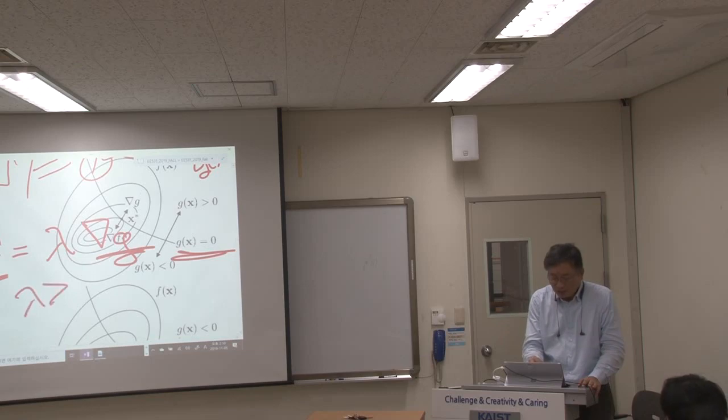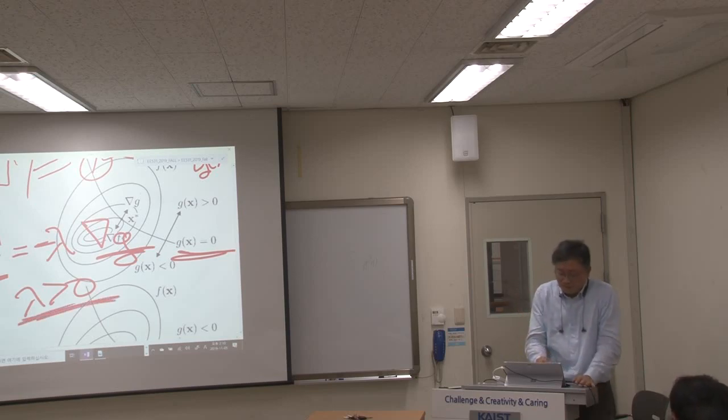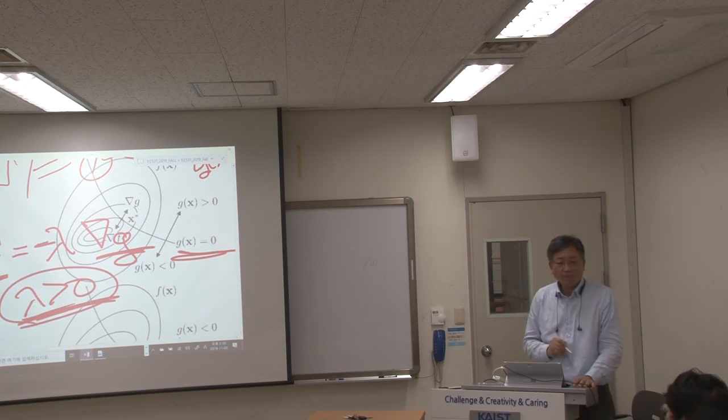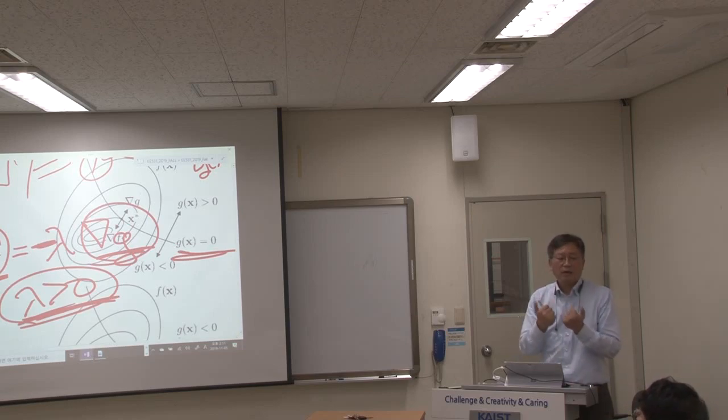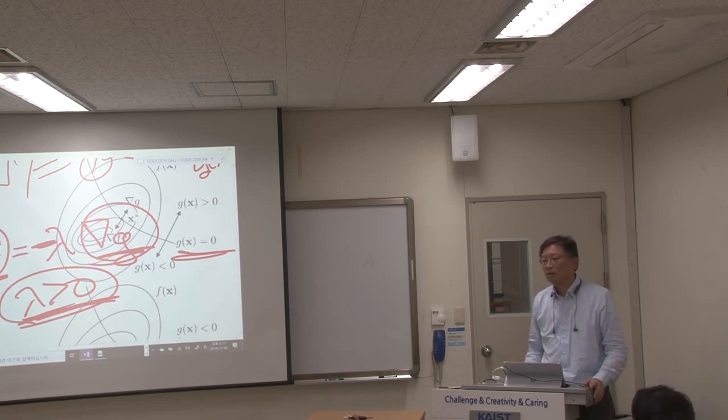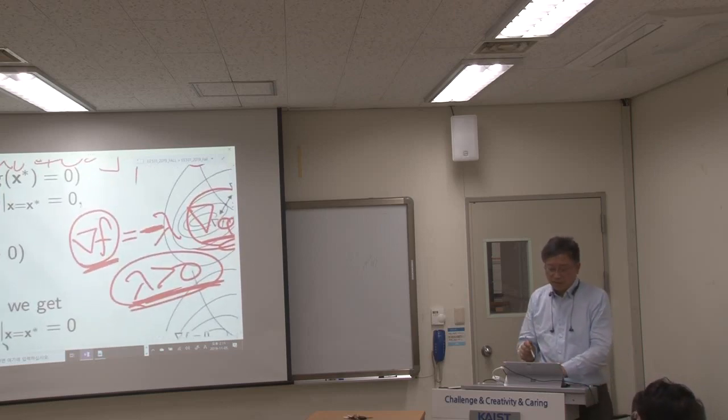If lambda is positive, there should be a negative sign there. Then what does it say? This direction and this direction are in opposite directions. So what does that mean? I can write it like that.